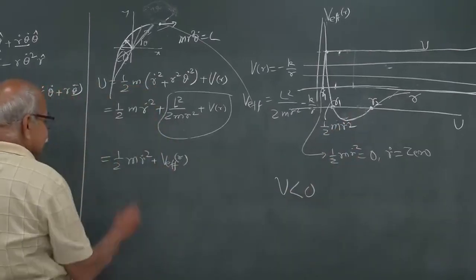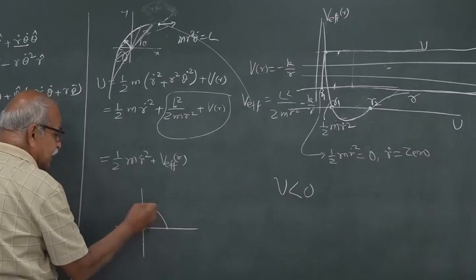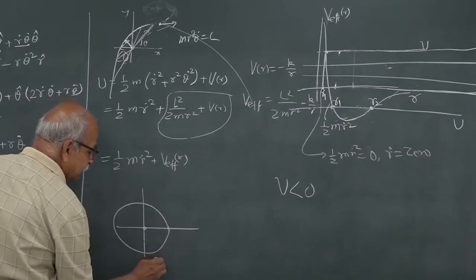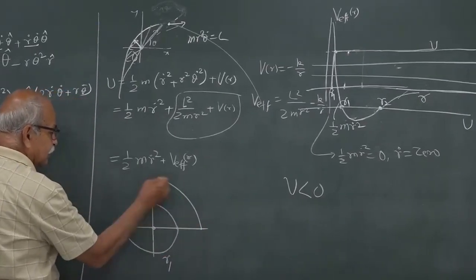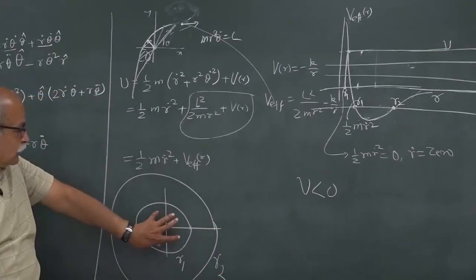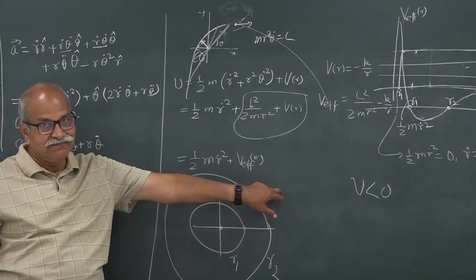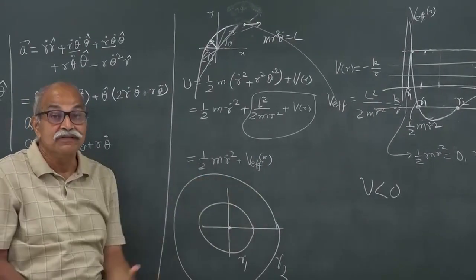So, physically, if this is the origin, and if this is a circle of radius r1, and if this is a circle of radius r2, the particle cannot go inside this circle and cannot go outside this circle. The particle is bound.